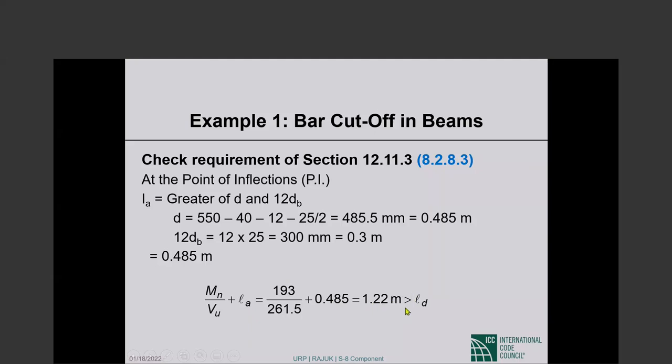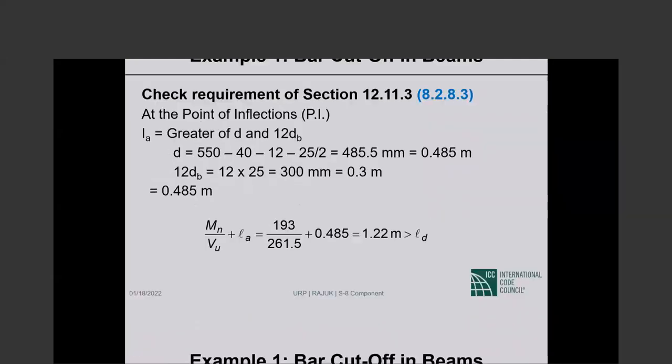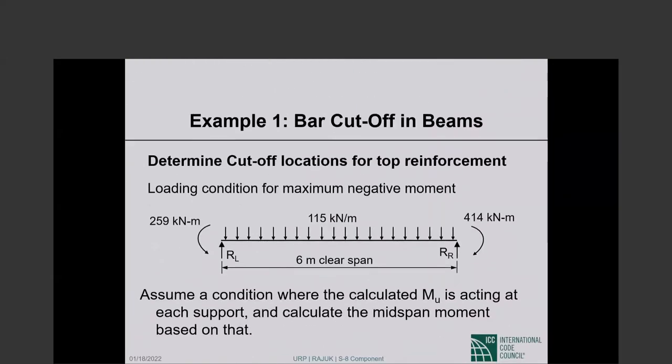That being larger than that, the development length cannot exceed 1.22 meters. Our development length of 485 is way less than 1.22 meters. So we are fine. So far everything has checked out.